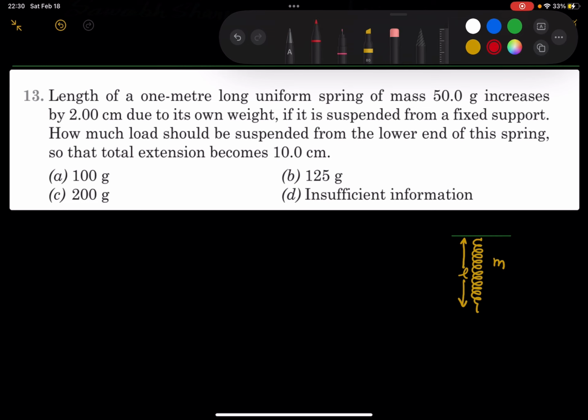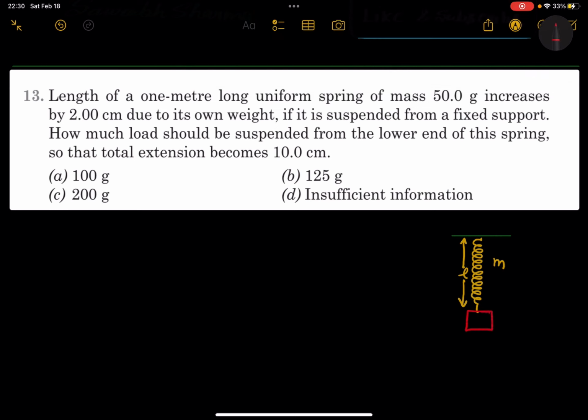And we connect one block of some mass capital M. Because of this block, some more extension will happen. This is 10 centimeter. So if the block is not connected, then because of its weight, the extension is 2 centimeter.